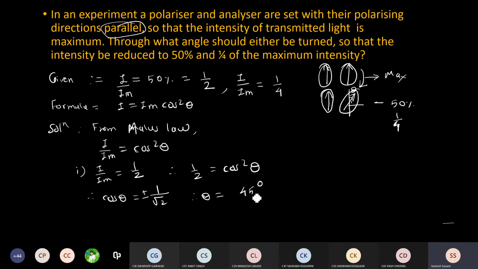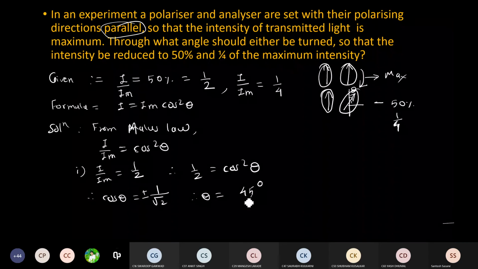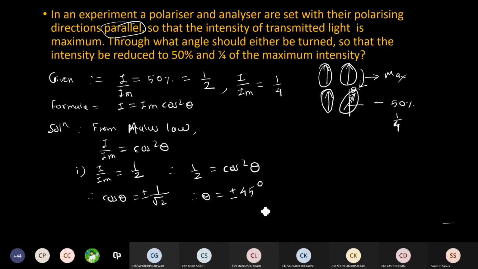Is everyone getting this answer, 45 degrees? Yes, sir. Okay, so we can write it plus or minus 45 degrees. Now the second case we will take.